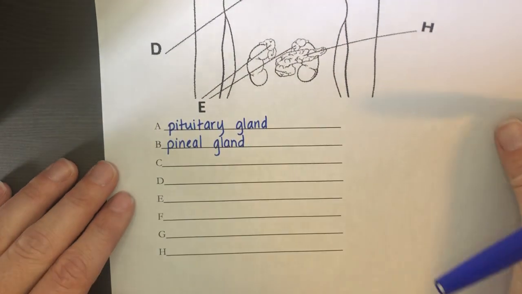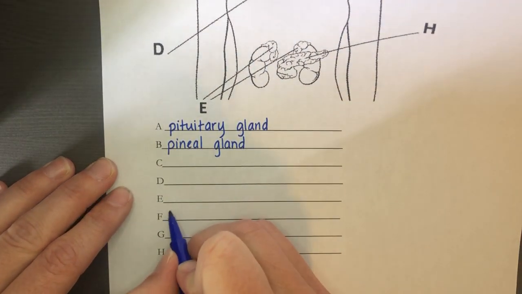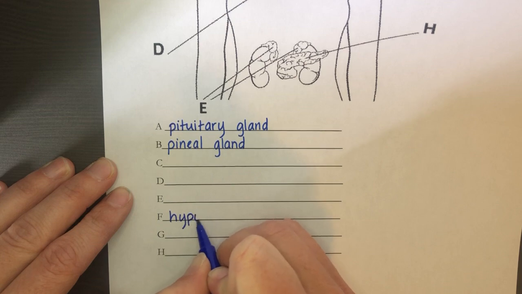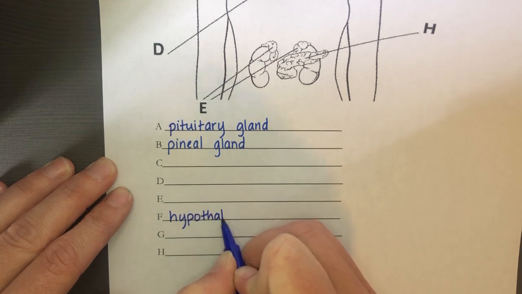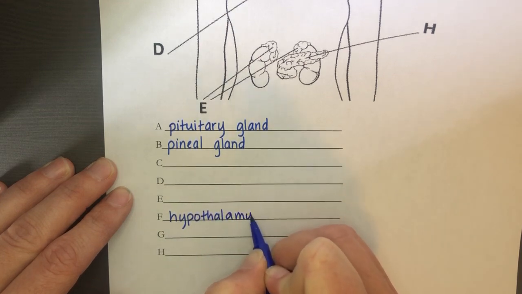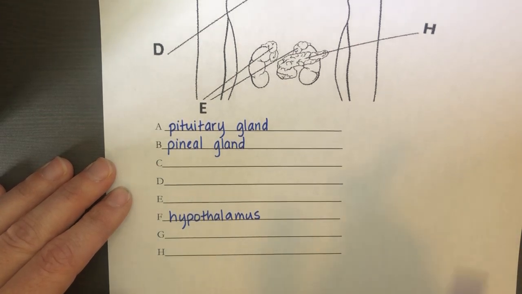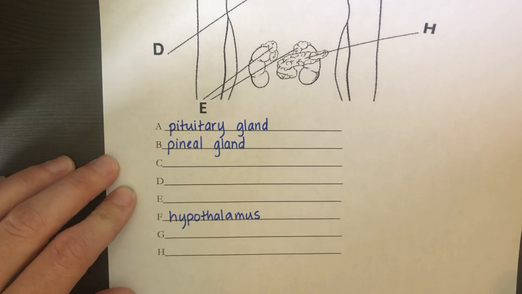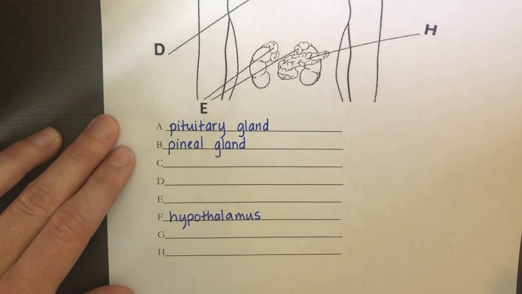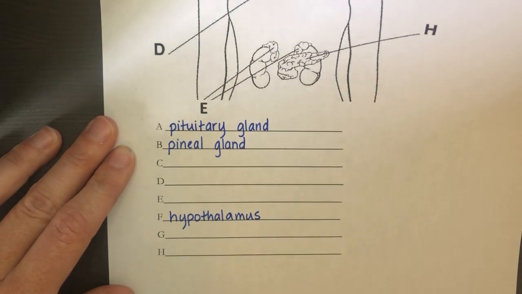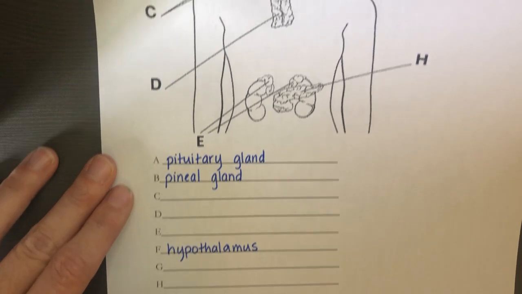If we come down here to F, we want to label this the hypothalamus. Now, the hypothalamus is not an endocrine gland in itself, but it produces some things that have an effect on endocrine glands. So we usually count it as part of the endocrine system, even though it's technically a part of your brain. It gets to count in both sections.